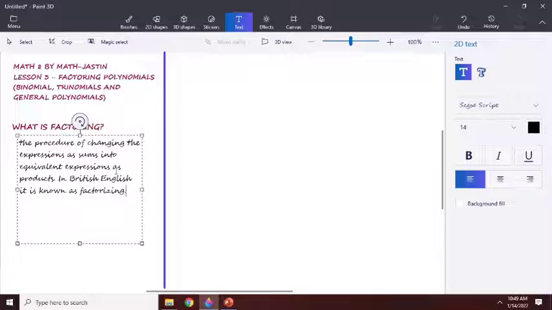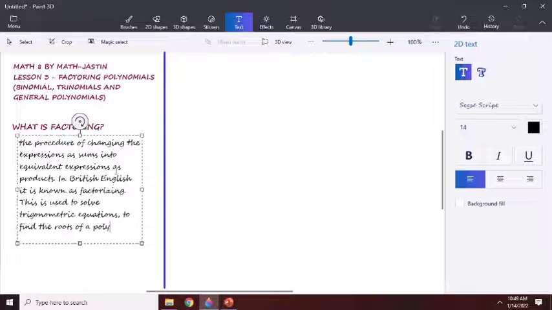This is applicable to polynomials, and it also applies to numbers, but that is easier. It is used to solve trigonometric equations, so when you get to senior high school, and to find the roots of a polynomial, whether in a quadratic equation, a cubic equation, or a polynomial equation.